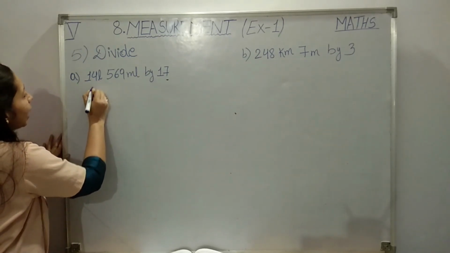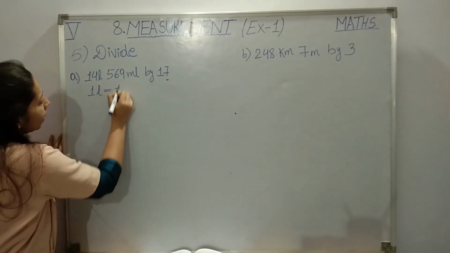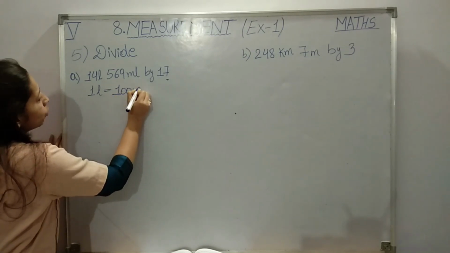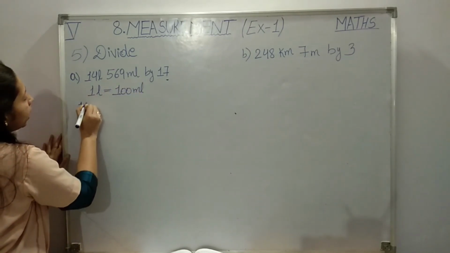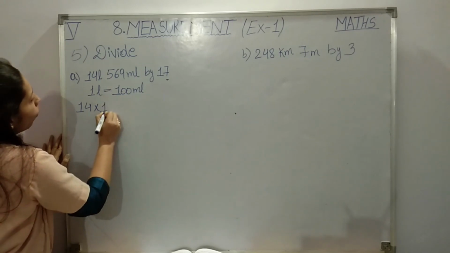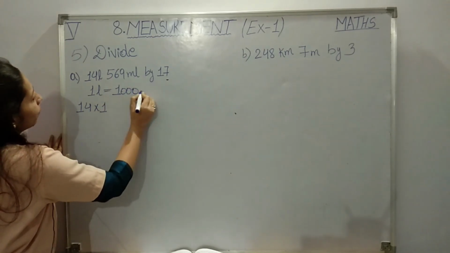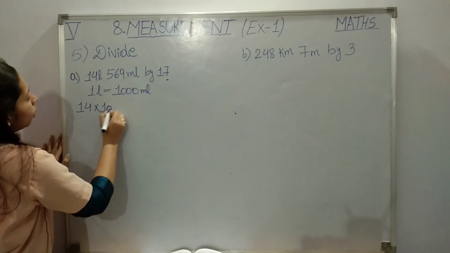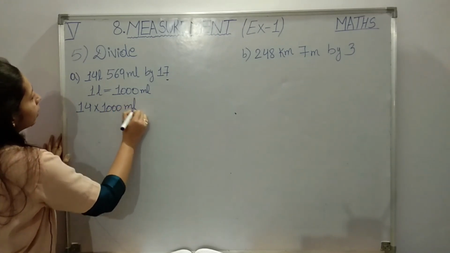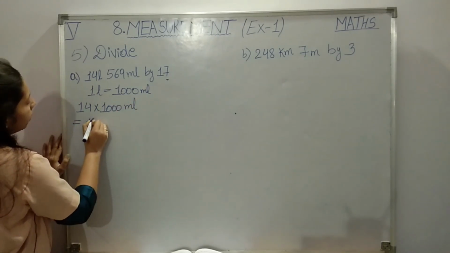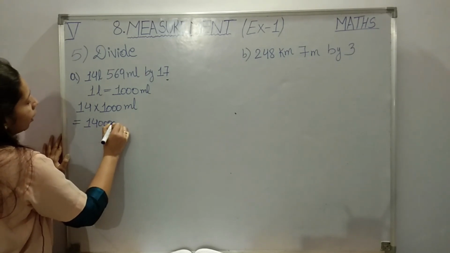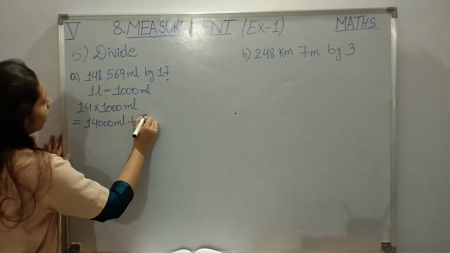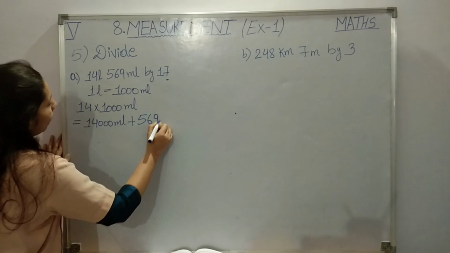So students, we know that 1 liter is equal to 1000 milliliter, isn't it? So in that manner 14 into 1000 milliliter, how much will we get? 14,000 milliliter. Now this 14,000 milliliter will be added with 569 milliliters.